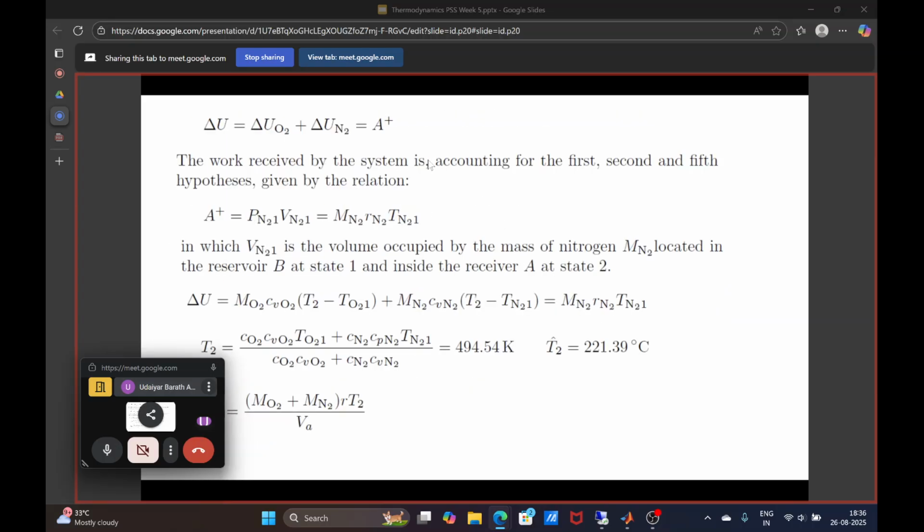In that case, the change in internal energy of oxygen plus the change in internal energy of nitrogen is equal to the work received.